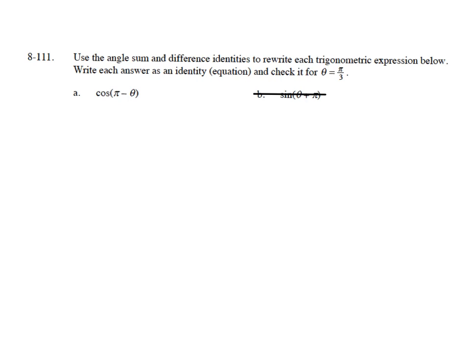The cosine of the difference of two angles is equal to the cosine of the first angle, cosine of pi, times the cosine of the second angle, theta, plus the sine of the first angle times the sine of the second angle.